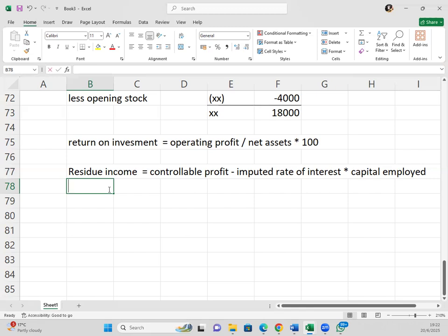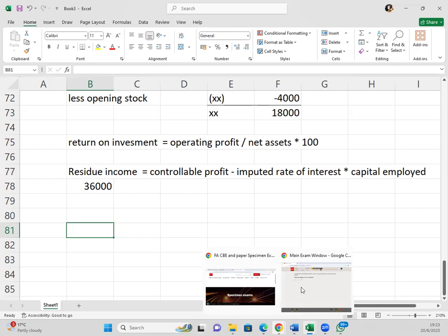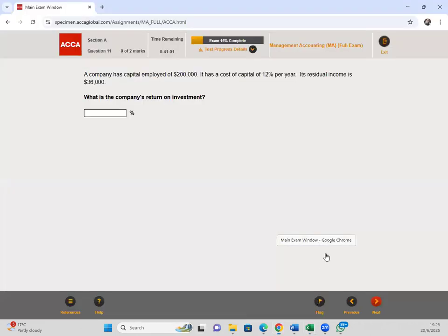So let's substitute. The residual income was given as 36,000. Yes, it's 36,000.